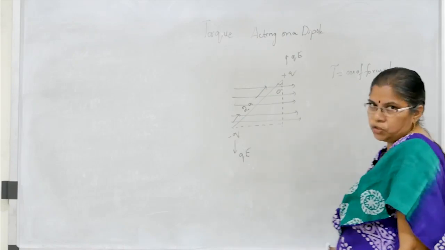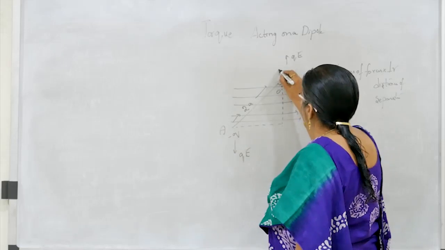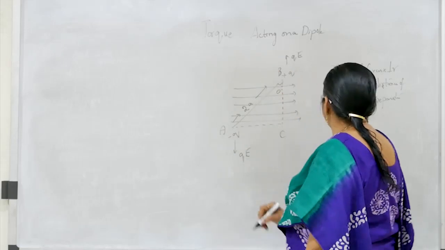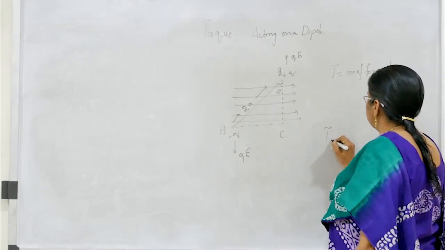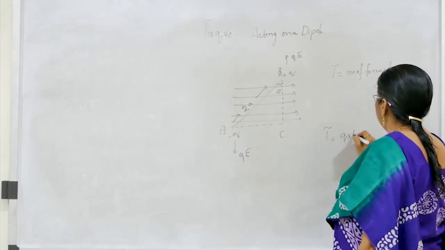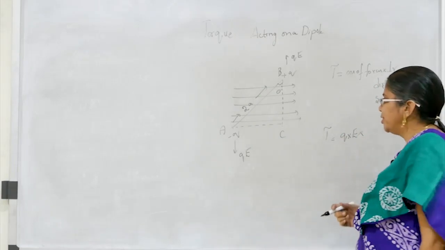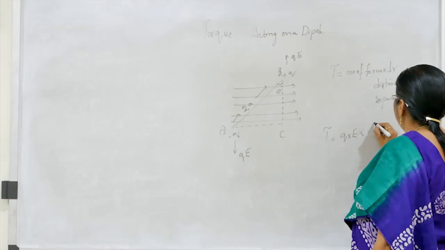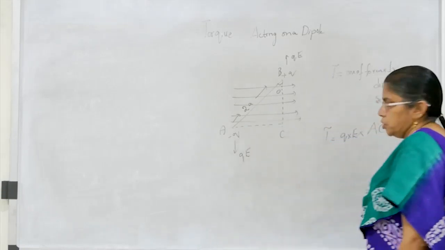So I name this triangle as A, B and C. One of the forces is Q into E, into the perpendicular distance of separation, which is A into C. So this is the perpendicular distance of separation.